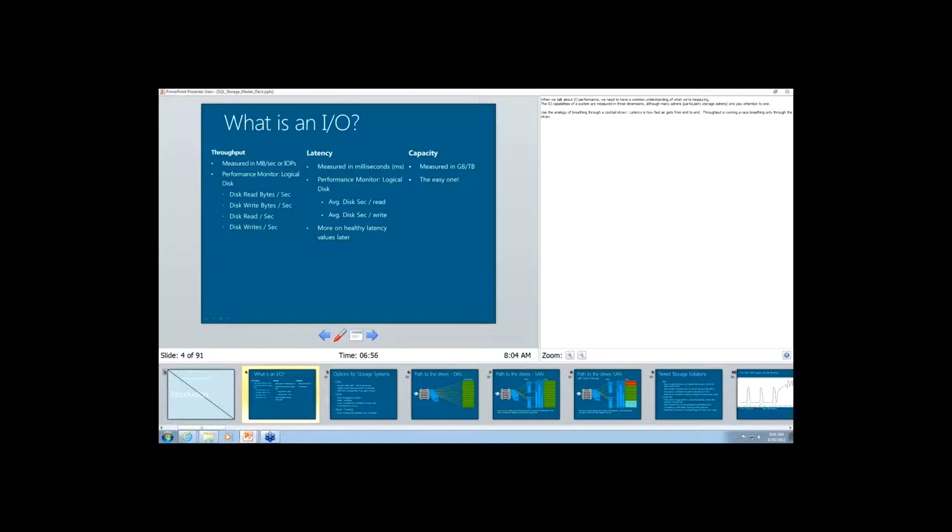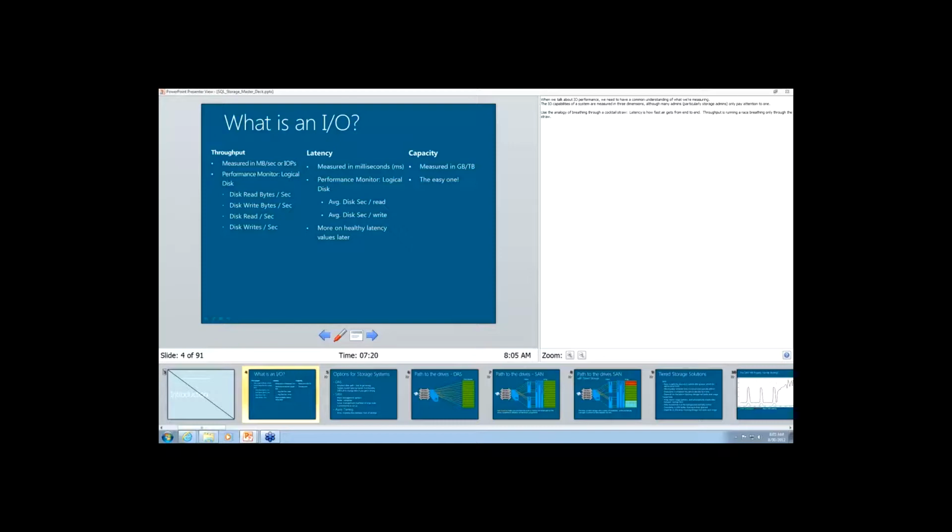IOs per second is how fast can you do transactions, or how many transactions can you do in a unit of time. And we measure those using perfmon. Typical counters would be disk read bytes per second, write bytes per second for the throughput in megabytes per second, and disk reads per second and writes per second for IOPS.